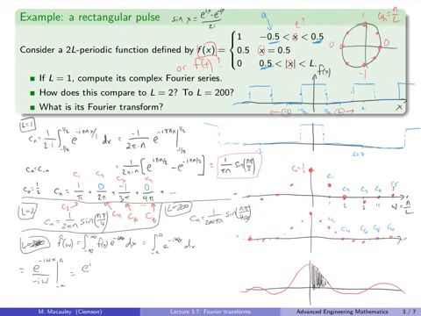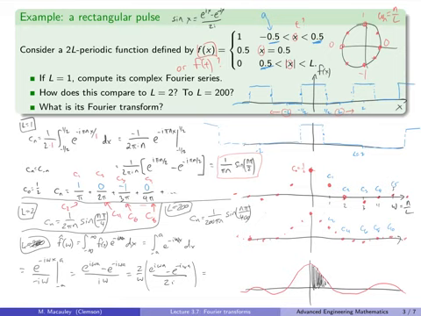So this is e to the i omega a minus e to the negative i omega a over i times omega, which again almost looks like a sine. So I'm going to write this as a sine and pull out the omega and stick a 2 down here. So I've got to stick a 2 up here as well. So this is 2 over omega times e to the i omega a minus e to the negative i omega a over 2i.